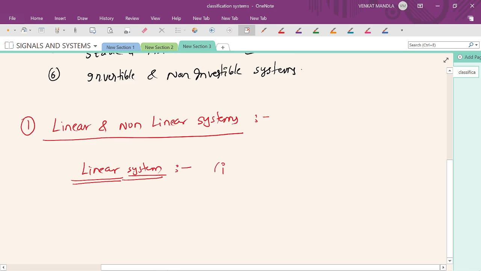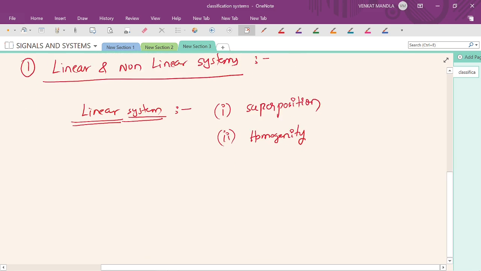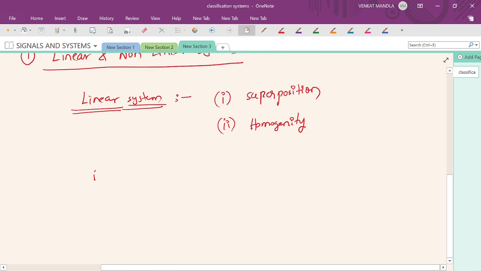One is superposition and second is homogeneity. So what is superposition?